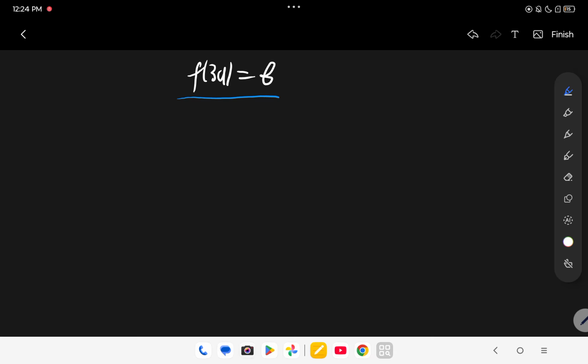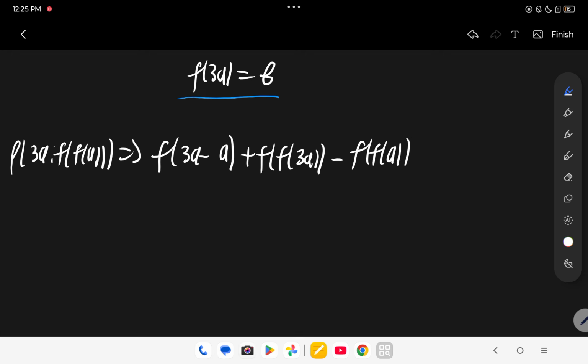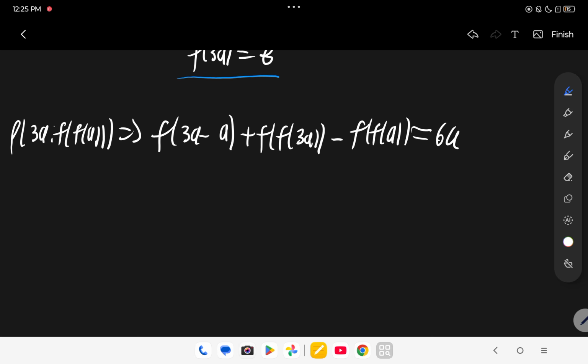Now let's put this 3a and f(f(a)), and we get f(3a) minus a plus f(f(3a)) minus f(f(a)) equals 6a. It's easy to check.